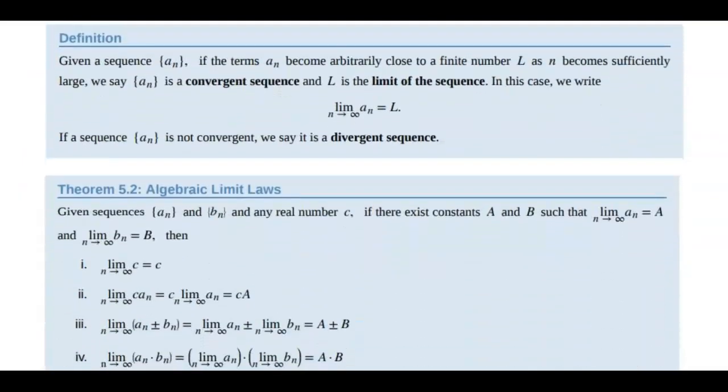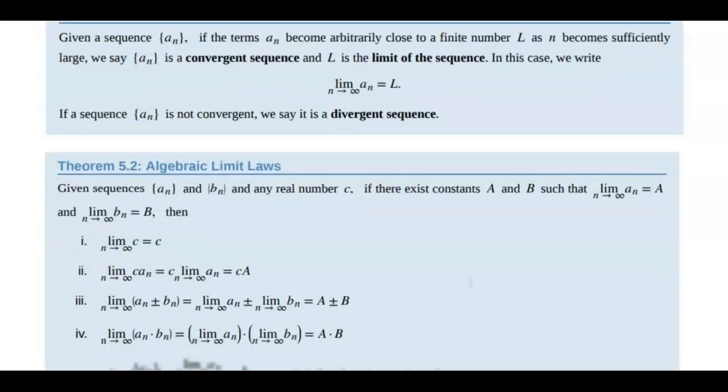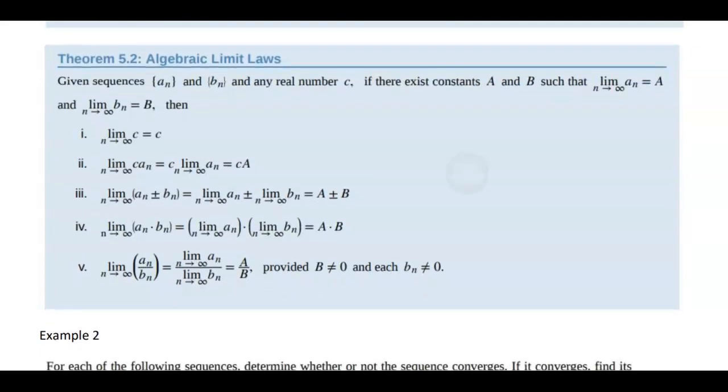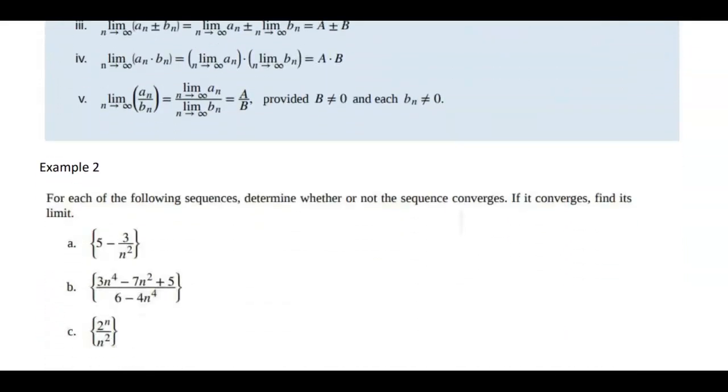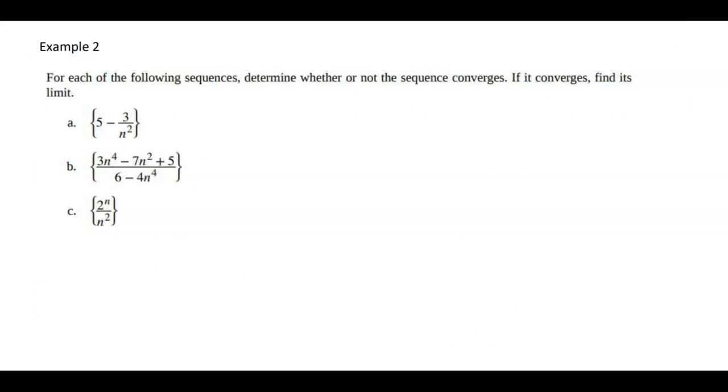All right, so we say that the sequence converges if it has a limit, okay? Also, if it's not convergent, we say it's divergent. All of the limit laws then apply as well. So let's look at whether or not these sequences converge or diverge.